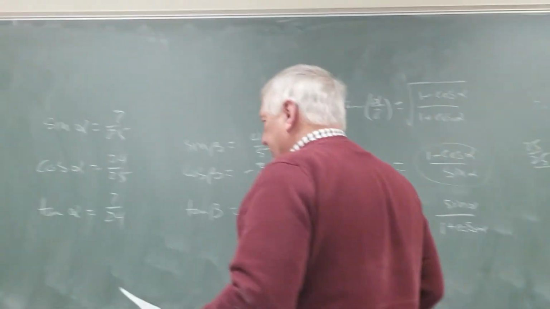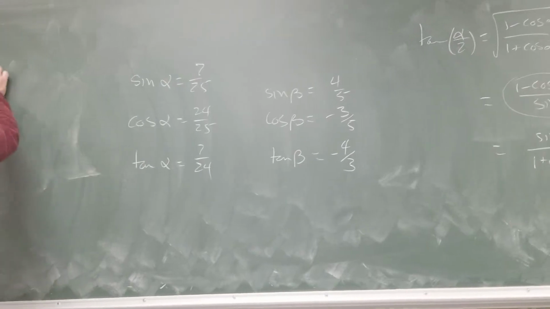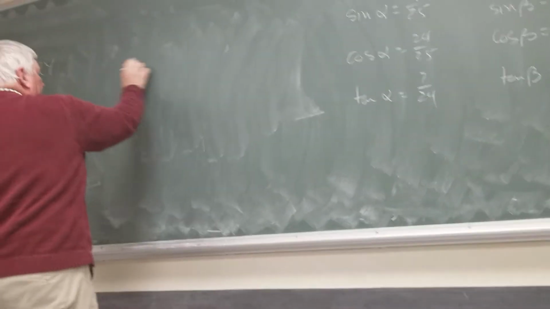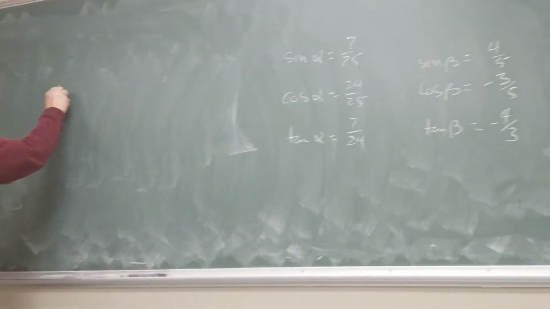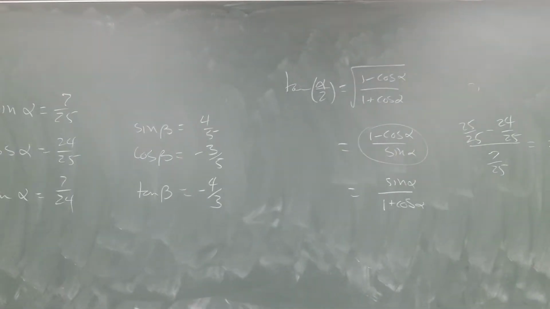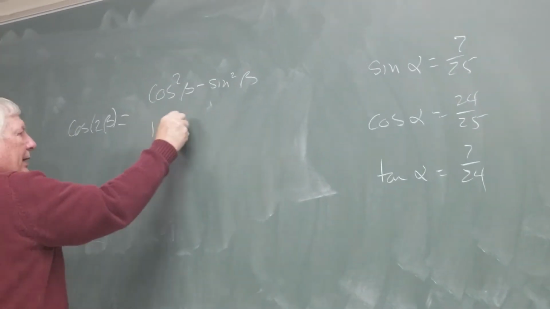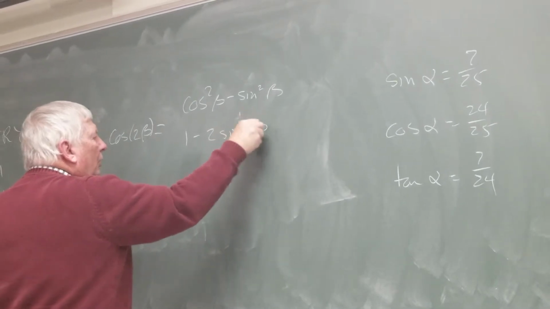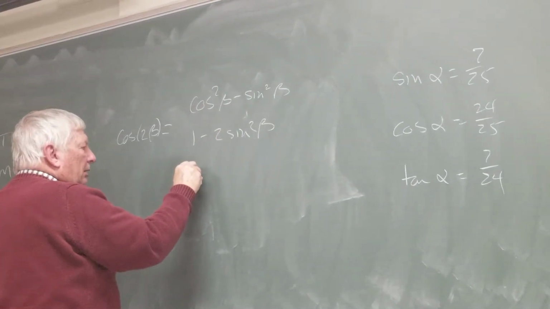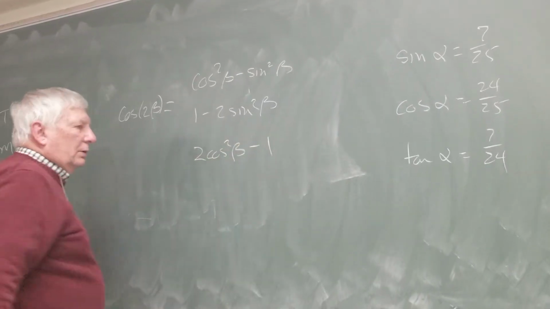And the last one, cosine of 2 beta. This is in this thing right here, to find those. Cosine of twice beta, 3 choices: cosine squared beta minus sine squared beta, or 1 minus 2 sine squared beta, or 2 cosine squared beta minus 1.